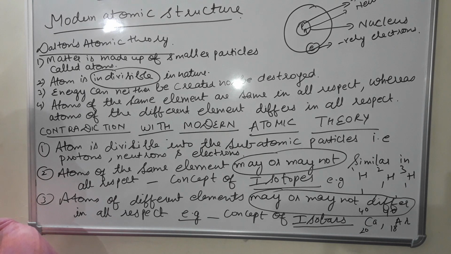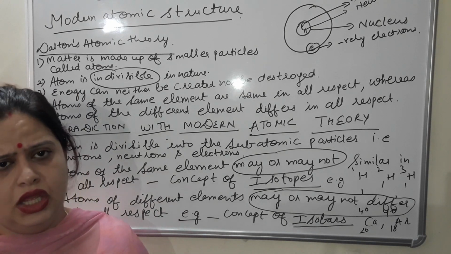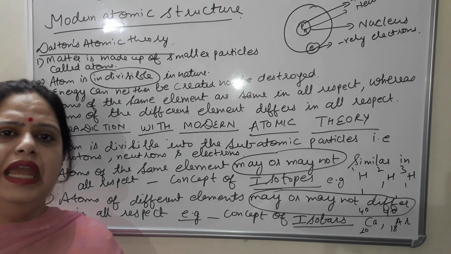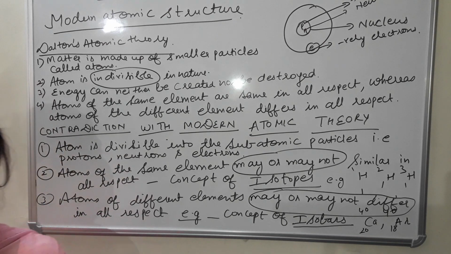But later on, after the discovery of other particles like electron, neutrons, protons, a few points of the theory given by John Dalton were contradicted. So today we will focus on the contradiction between Dalton's atomic theory and modern atomic theory. What does it mean and how does it differ?